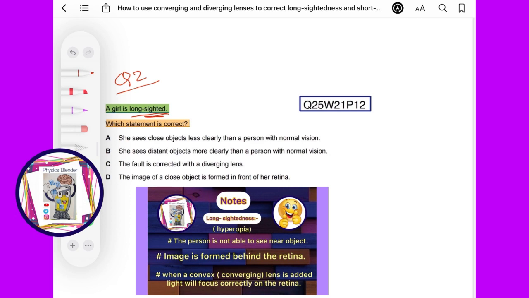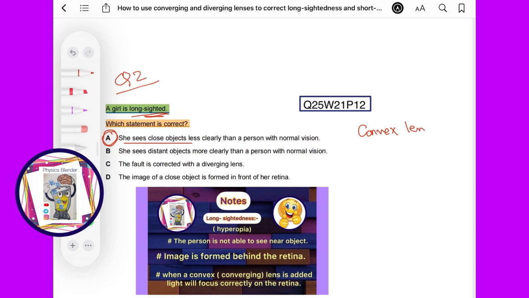Why? Because the light rays will not focus correctly on the retina. The image will be formed behind the retina. So the answer is A. She cannot see close objects clearly. That's why for the correction or treatment of long-sightedness we are using convex lenses.